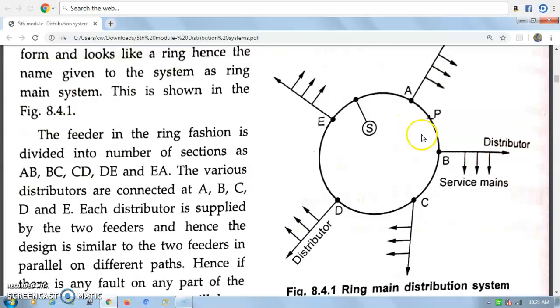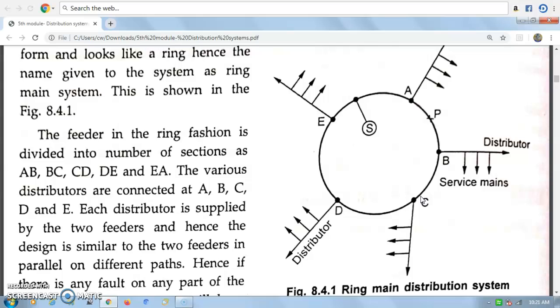The part AB can be isolated and repaired, and we can get the supply from the other feeder also. If any fault occurs in this section, the consumer connected to this section is not affected. He will continuously get the power supply from feeder AE or from feeder BC.